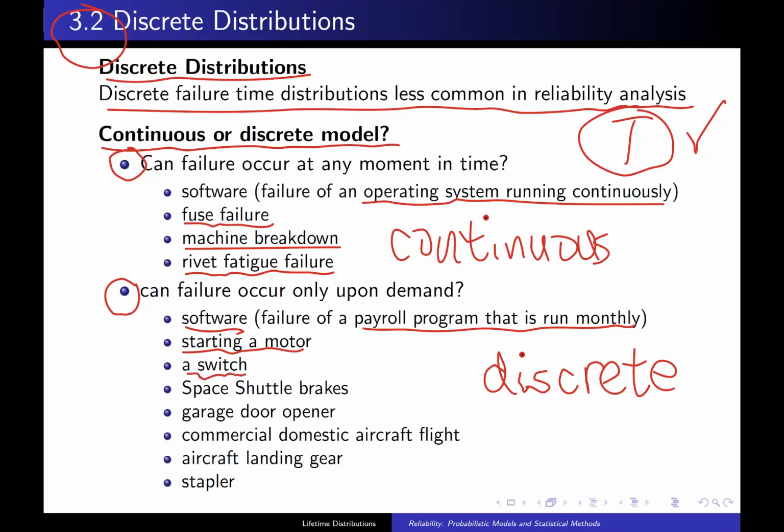Another one is a switch. The cycle number to failure would be a discrete random variable.